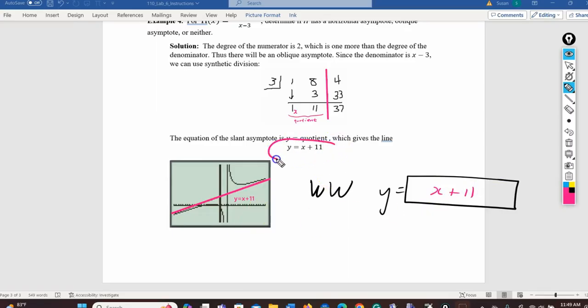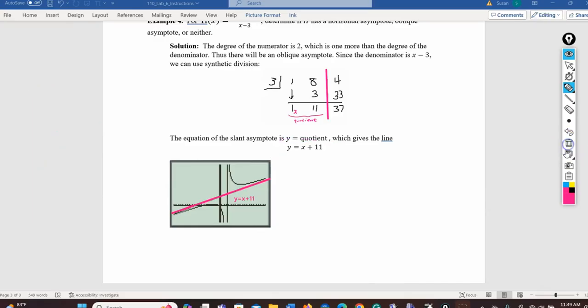Understand that a line is an equation, and if you are asked on the test to type in the equation of your slant asymptote, you must type the full equation. If you type that, that is not an equation, and that will be counted wrong. Okay, so I wish that web work would make you type in the entire equation, because I think it makes students lazy because it already gives you the y equals.